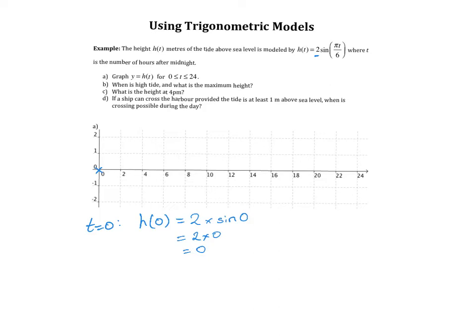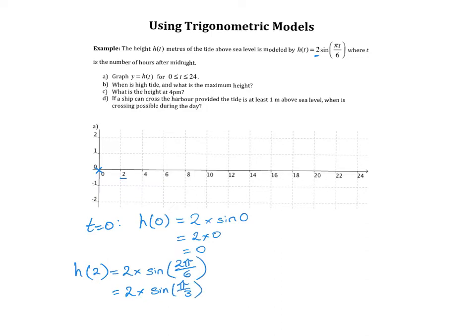Okay, now let's sub in the next point, which is 2. So what's h of 2? We get 2 times sine of 2 times pi over 6, or in other words, pi on 3.